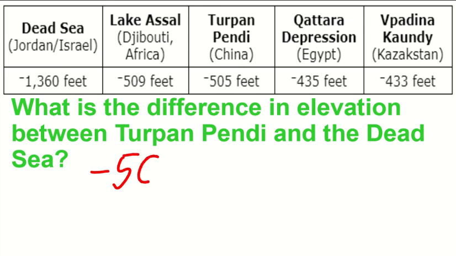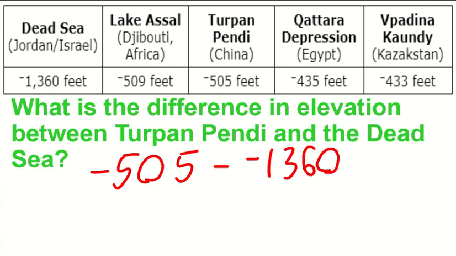So we got negative 505 minus negative 1360. So since they're both negative, when we do that same change, we're going to end up with a negative and a positive.